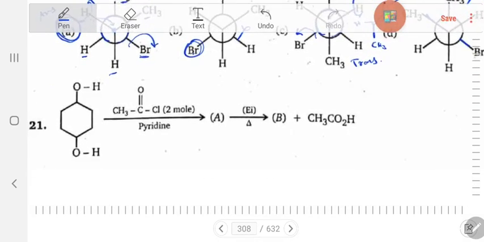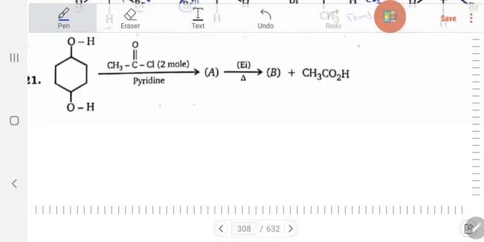Next, question number 21. So what we are doing, first we are allowing this to react with acetyl chloride in presence of pyridine. So first what happened, H from here and Cl from here is lost. So the product obtained will be OCOCH3. Same way at the bottom also, OCOCH3.